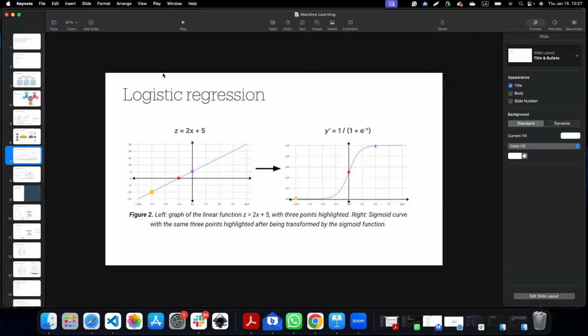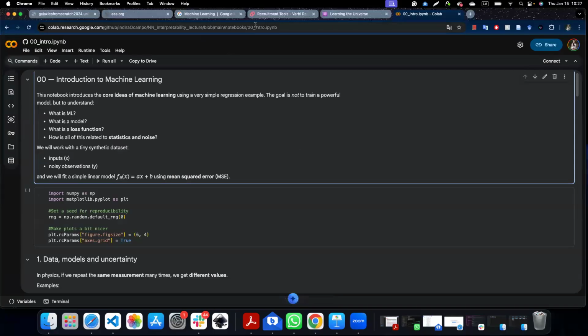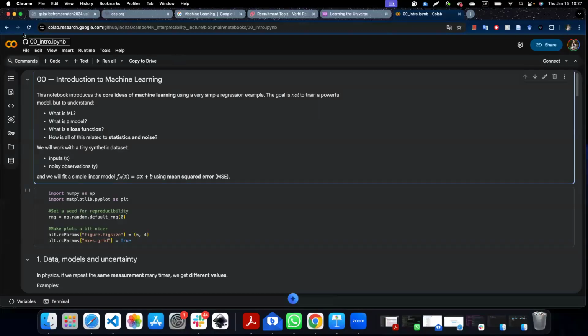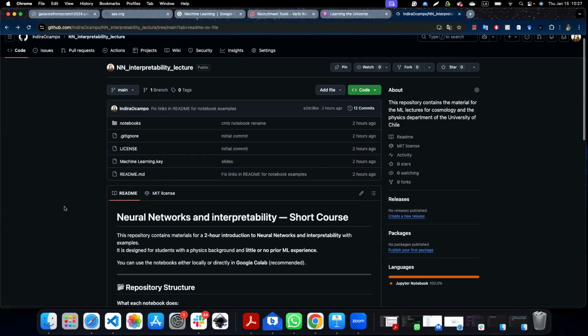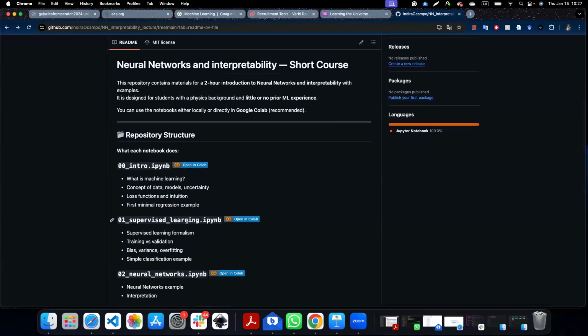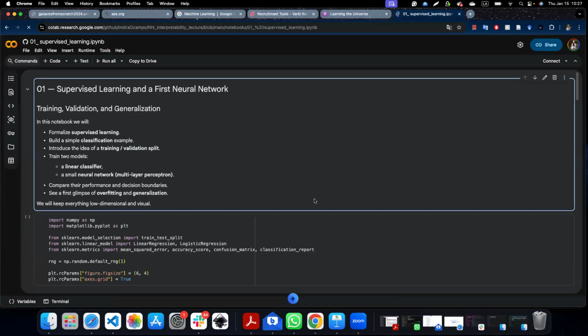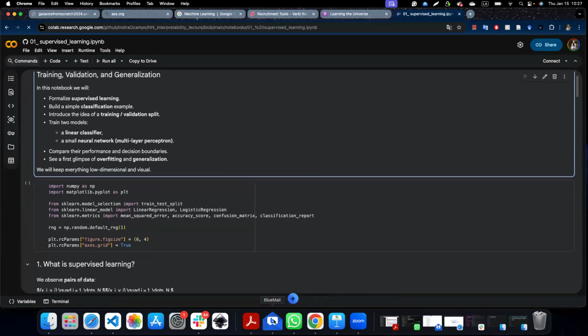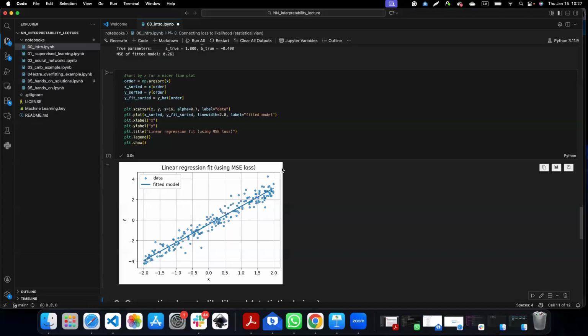So let's go to the second notebook, which is supervised learning. You should be seeing this one, and again, I'm going to open it locally for me.